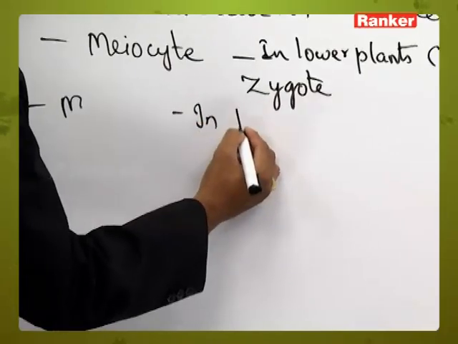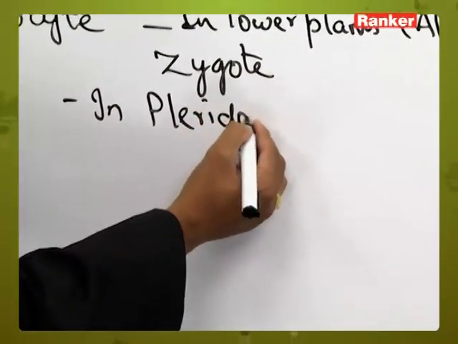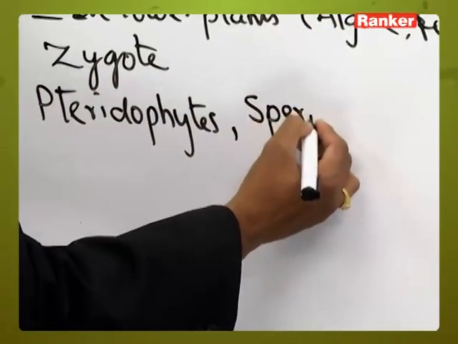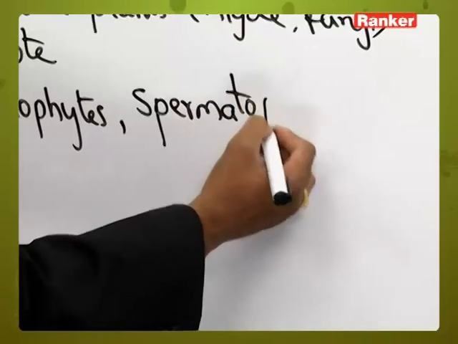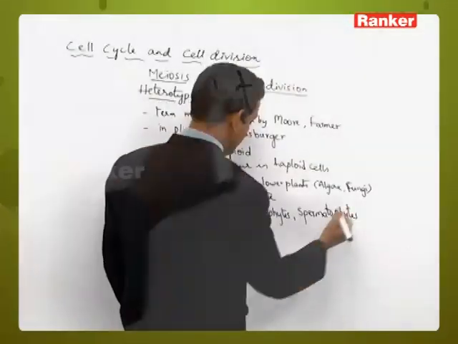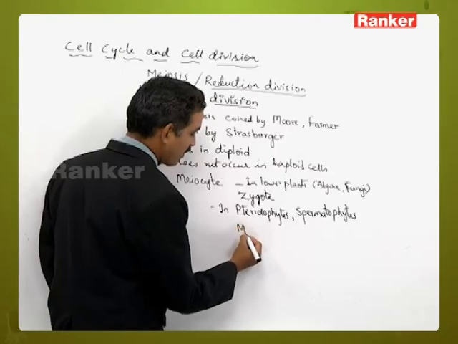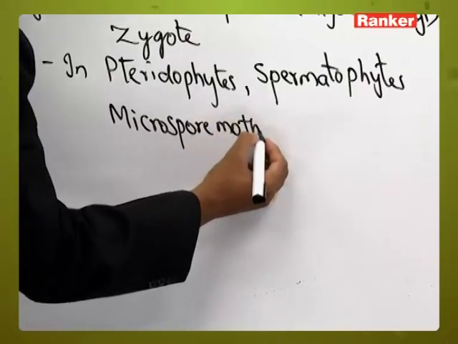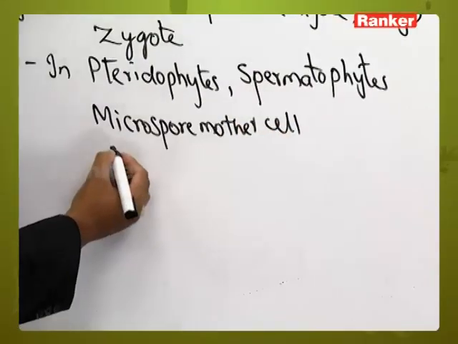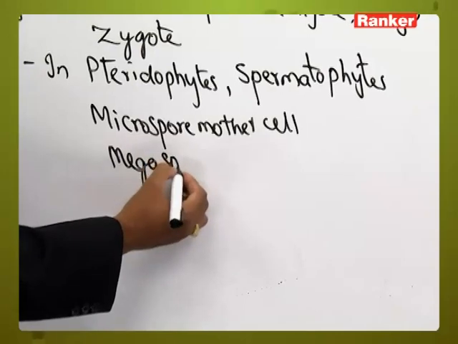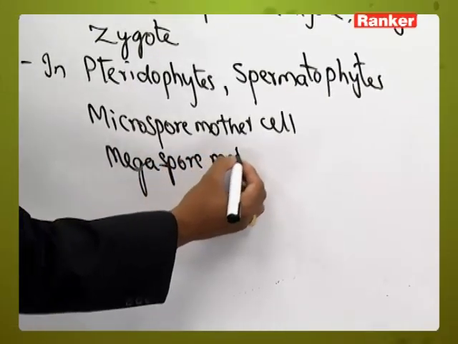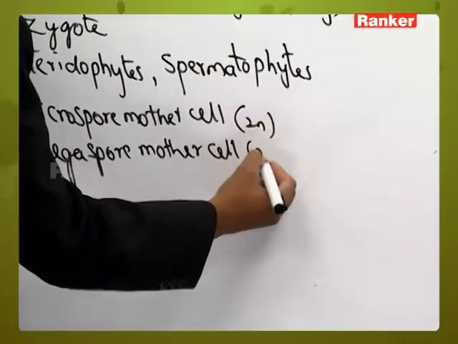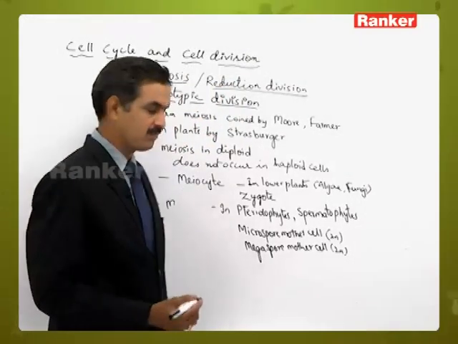But when it comes to pteridophytes and spermatophytes, meaning angiosperms and gymnosperms, in both of them the microspore mother cell and the megaspore mother cell, which are diploid, act as meiocytes.